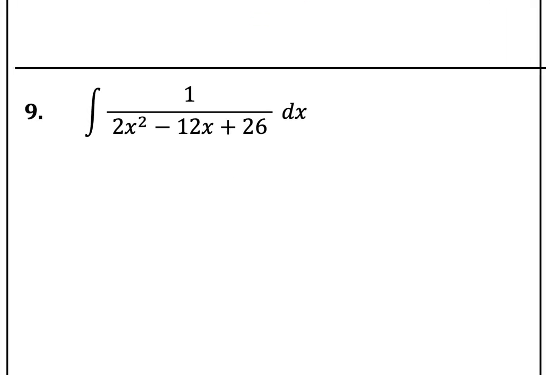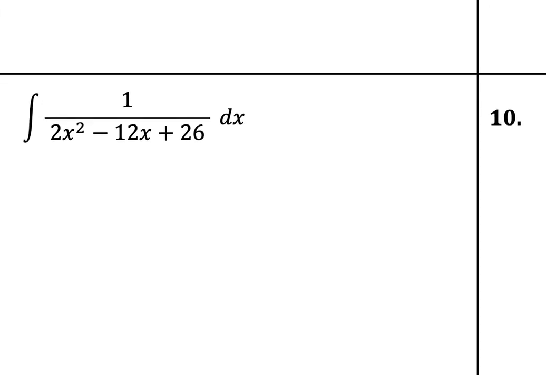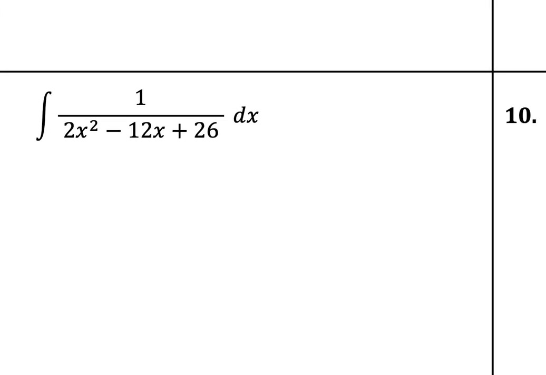Okay, so this one's hard to tell from the start. This one ends up not being factorable, but if it was factorable, you could do partial fractions, but since it's not factorable, we'll do completing the square. Okay, so let's do that off to the side. Pull out a 2.